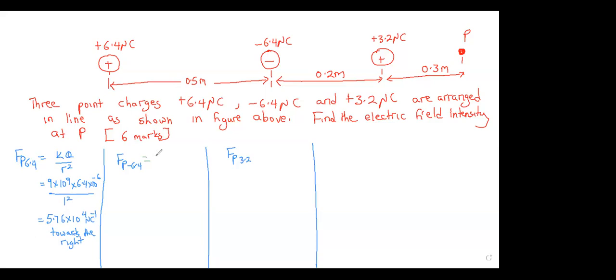So teacher, it's going to be 9 times 10 exponent 9 times 6.4 times 10 exponent negative 6 divided by 0.5 squared. Teacher, let me calculate the answer.